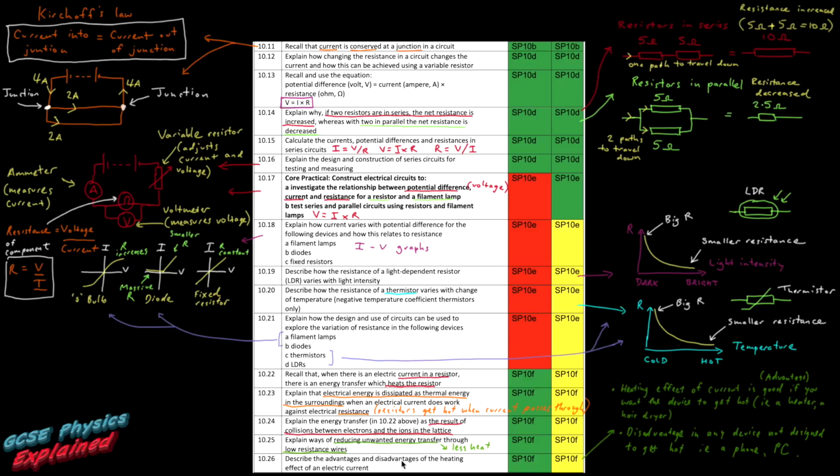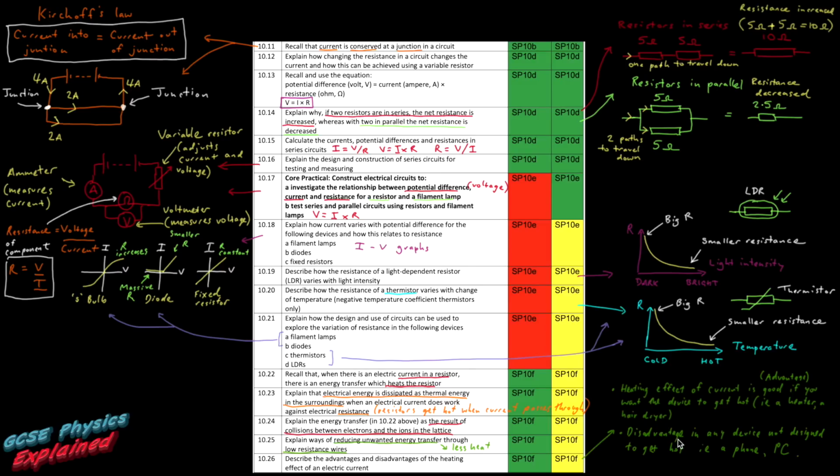Describe the advantages and disadvantages of the heating effect of an electric current. Well, the heating effect of current is an advantage, so it's good, if you want the device to get hot. So in other words, if you've got a heater or a hairdryer, you want that thing to heat up on purpose to create heat.